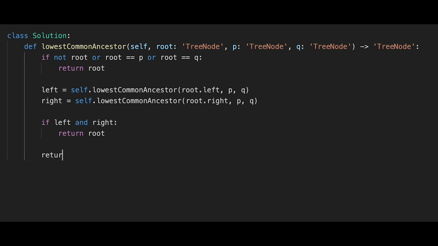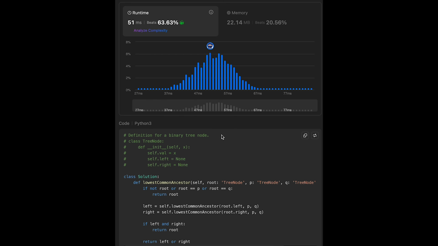So that's why we just return left or right. That's it. So let me submit it. Yeah, it looks good. And the time complexity of this solution should be order of n, where n is the number of nodes in the tree. And the space complexity is, I think, order of h, where h is the height of the tree. So I think we need memory for the recursive call stack.